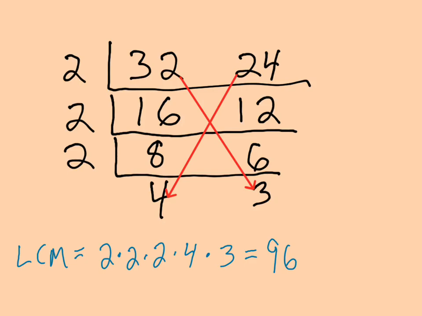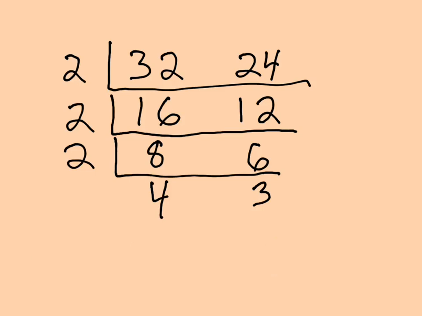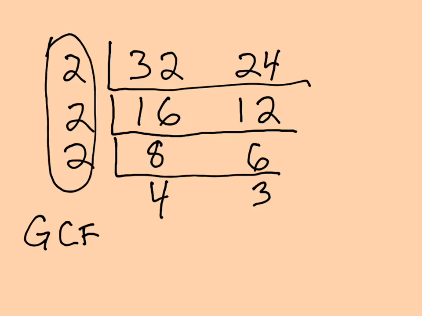So let's look at some more stuff on there. Let's look at finding the greatest common factor. I like to say the greatest common factor, the GCF, kind of looks at the leg of the L. We remember that because GCF starts with G, and leg has a hard G in it.